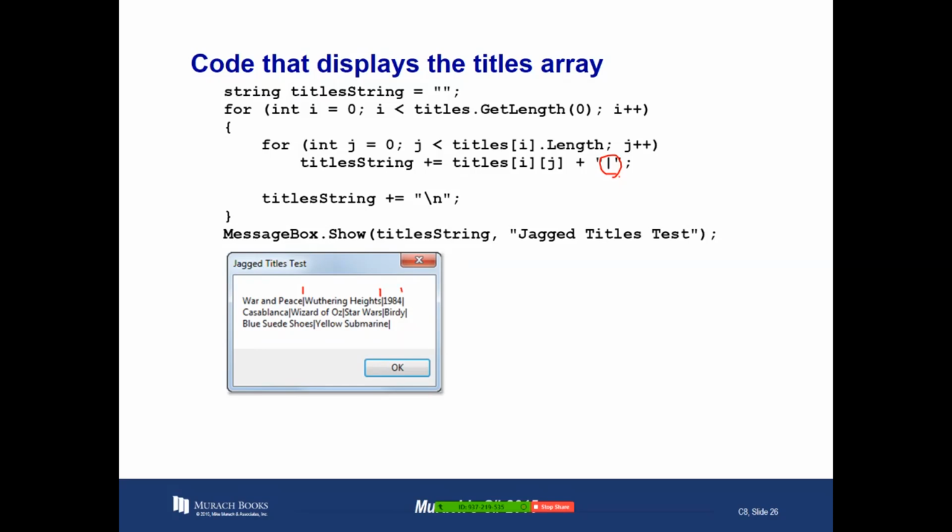There's always going to be a vertical bar after the title, or after the element. So that's why there's a vertical bar here, here, and here. There's not one at the beginning, because we don't put one there. And this does the new line.